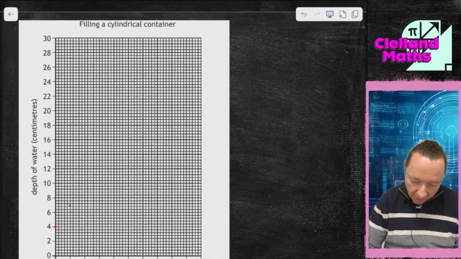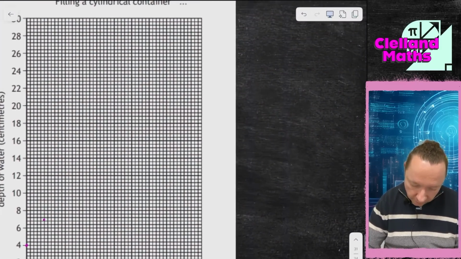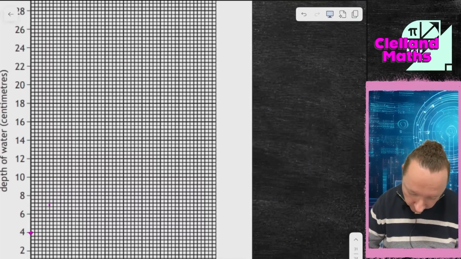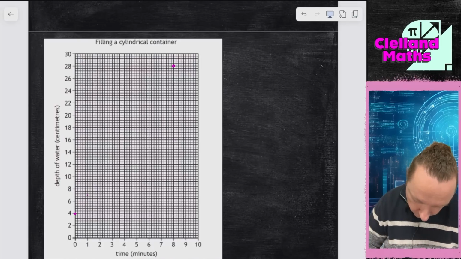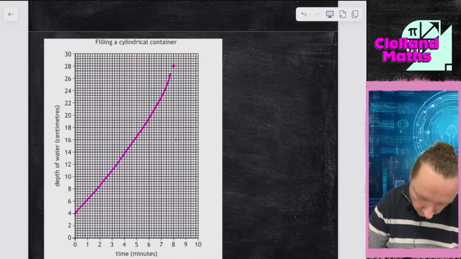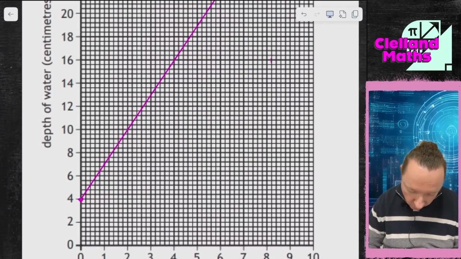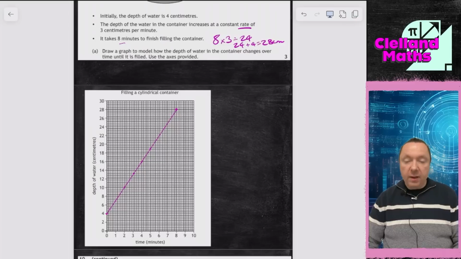So you can say 8 minutes later, go up to 28 and see where that joins up. Then just join up the dots from the start to the end, and you've modelled your relationship. You could check that you've done it right by checking your points. Every time it goes along 1, it goes up 3. So there we are. Get the idea.